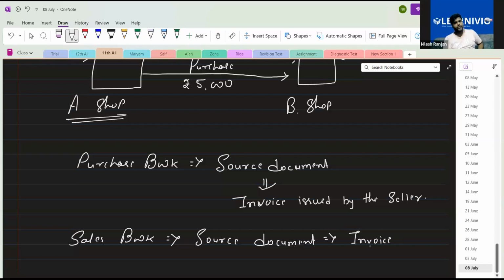We are selling goods, so we issue the invoice. In purchase book, we are the buyer, we are purchasing goods from someone, so that person is the seller. They will issue the invoice, and on the basis of their invoice we will record the transaction in the purchase book. Is that clear?